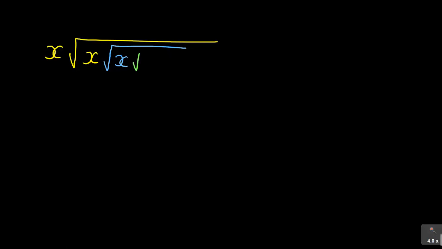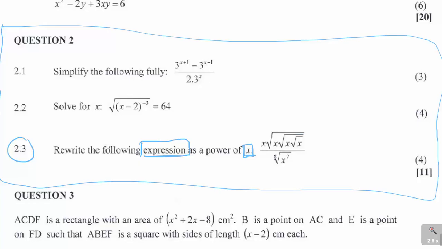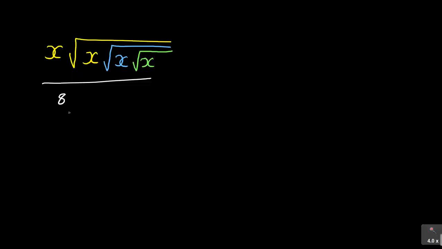Then all of this is over the 8th root of x to the power 7. So you've got 8, then you've got this x to the power 7.